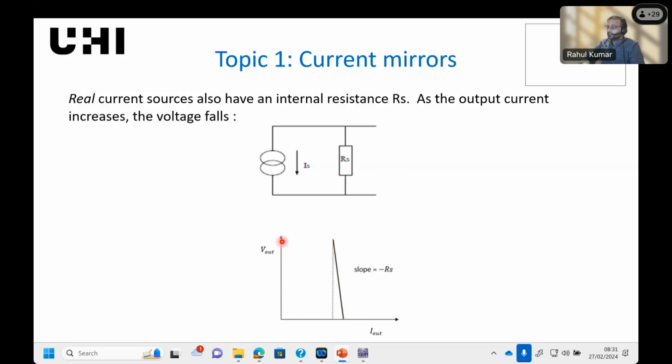So if you increase the voltage, the current will tend to decrease by a small value. So this is a problem: we don't get constant voltage and current. Now, how can we get a near about constant current?